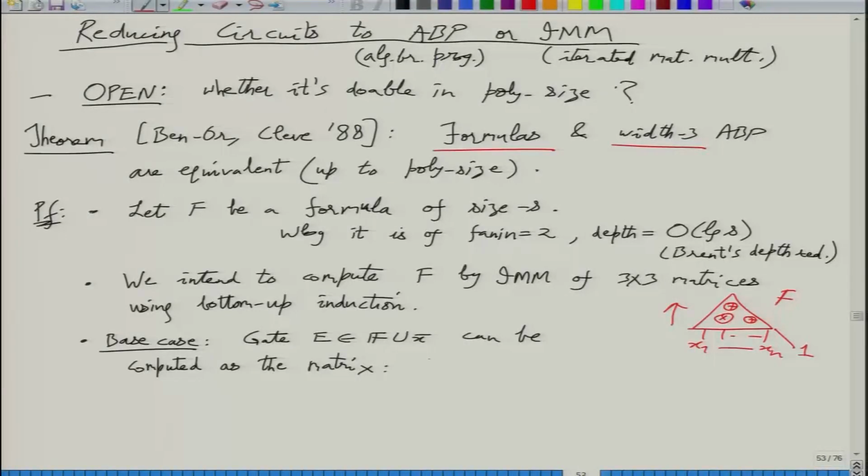Whatever a gate is computing should be written as some matrix. It will be a matrix product, but then what does the matrix product compute? It computes one single 3 by 3 matrix, and one entry in the matrix is your polynomial computed at that gate. So we actually want to fix that representation here. To make the proof work, we'll fix this representation.